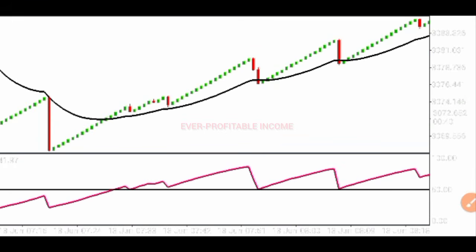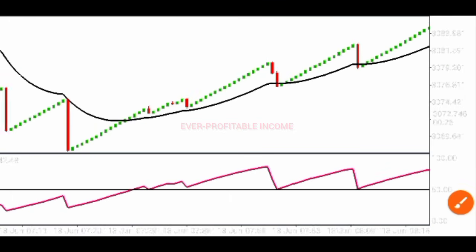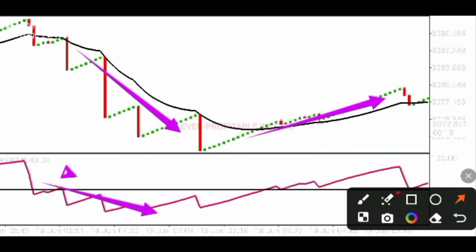For scalping on Crash, if you want to buy using this strategy, you have to wait for a time where the price has changed from being bearish, like we have here, to being bullish. Can you see that? When price has been trending downward and starts trending upward, you don't do anything.